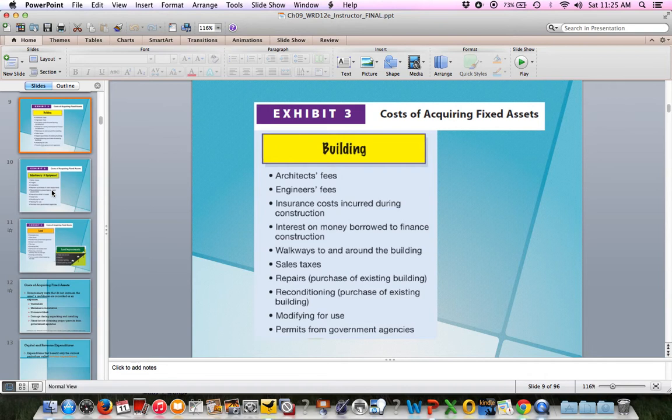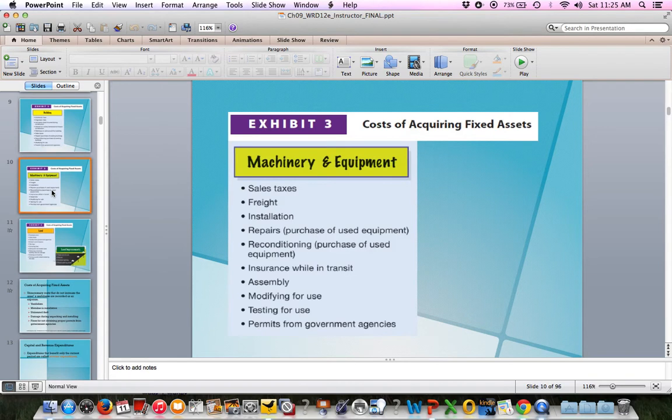We might incur a lot of cost to get that building ready to go. We'd have to hire an architect, engineers, insurance, interest if we borrow some money to pay for the construction. You can just see all kinds of examples there of costs that we might incur to get the asset ready to use.